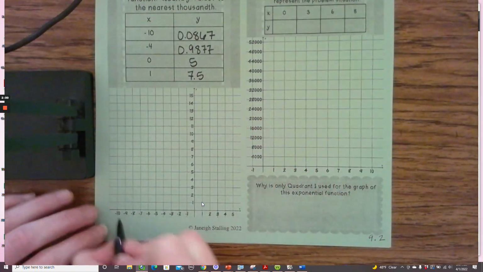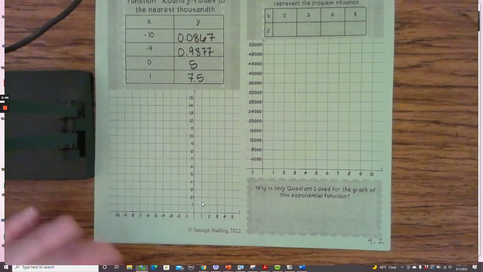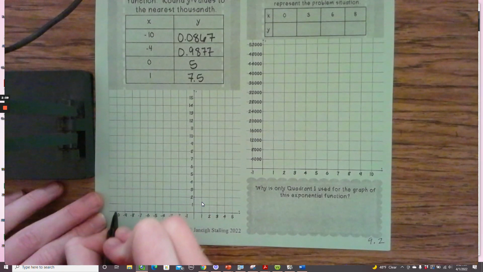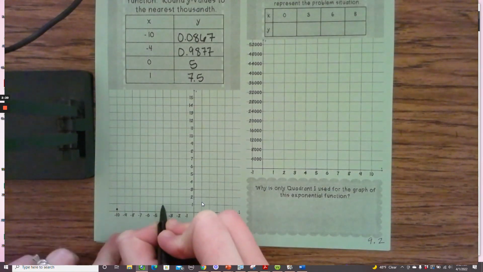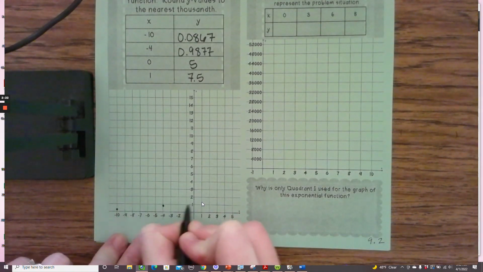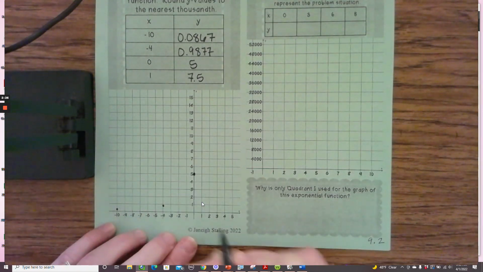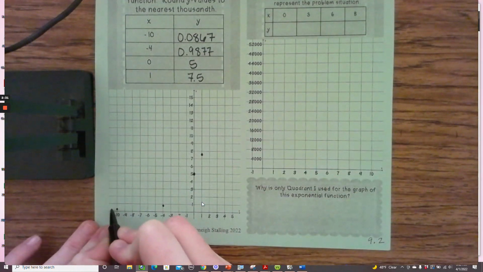So -10 is 0.09. A pretty small value there. So we're just going to estimate where it would go, and it's pretty close to the y-axis. And then -4 would be 0.99 if we rounded to the hundredths, so getting close to the value of 1, and then 0 is 5, and then 1 is 7.5.